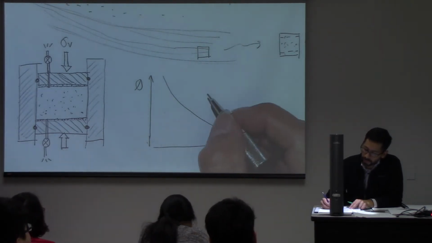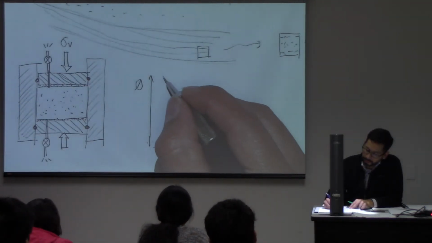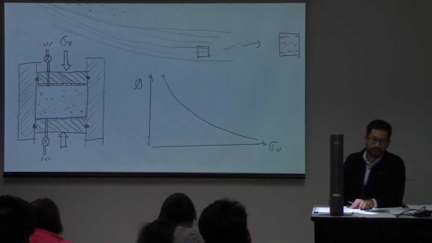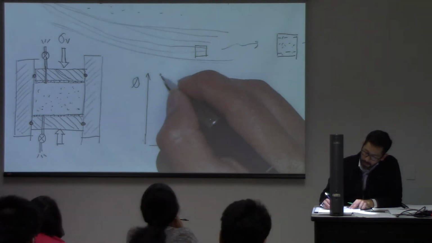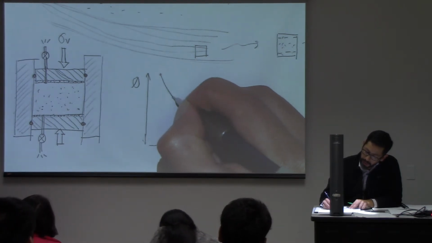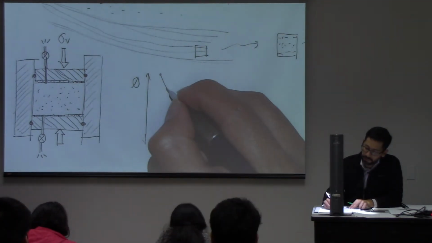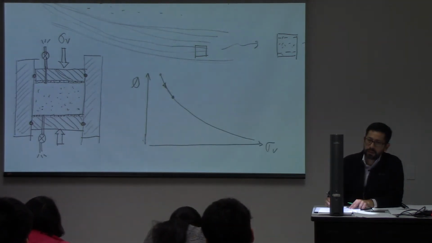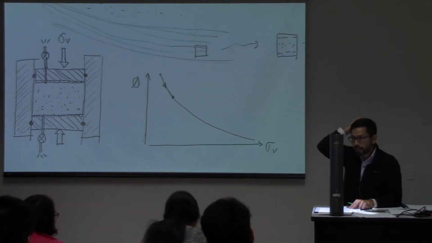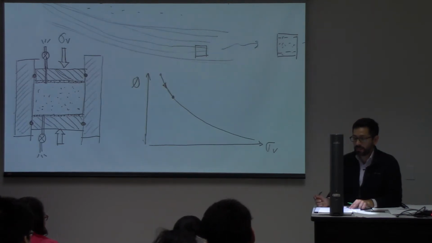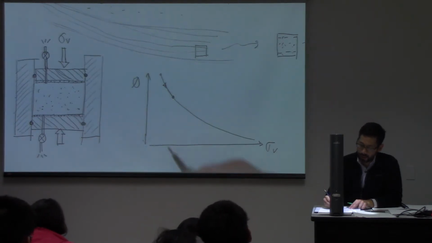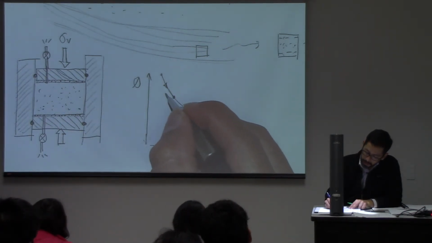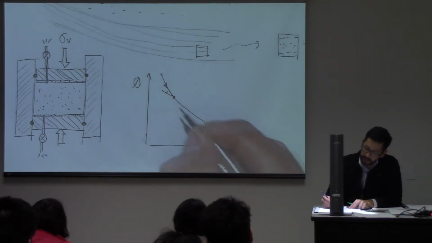If you do loading, say that we start here, we can do loading up to this point. If I do unloading, it's not going to come back through the same path because we have plastic deformation. I'm assuming that I'm going over the yield surface. So this is going to come back in this direction.